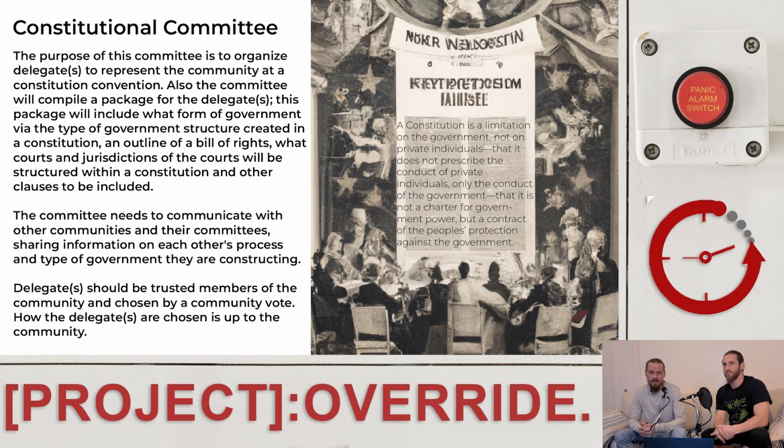The committee would have to communicate with other communities and their committees, sharing information on the different processes. Delegates would have to be trusted members of your community, and how you voted or got them into office would be up to each community, so you could vary how each local delegation or constitutional committee was run.